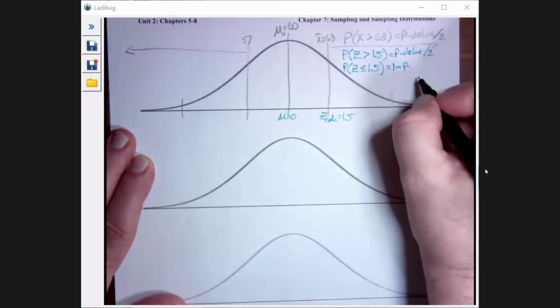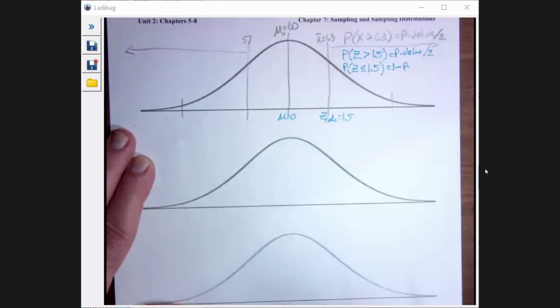I got to think about how to write this correctly.